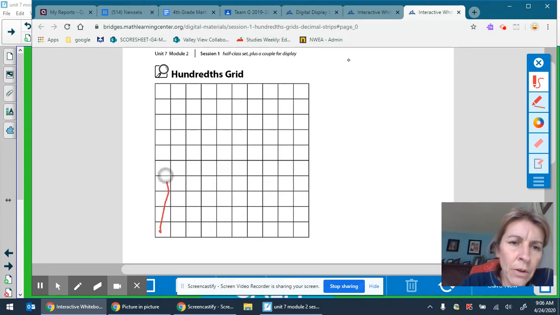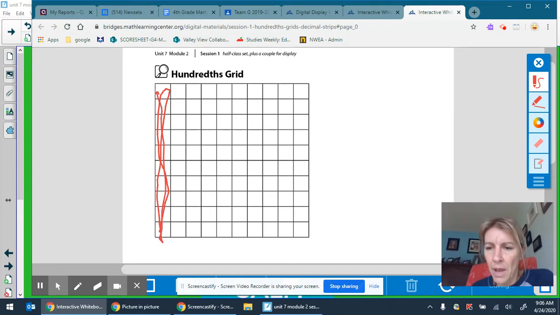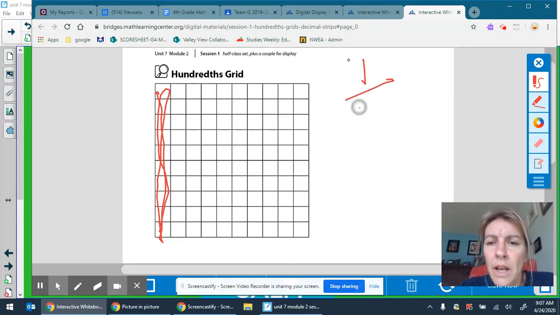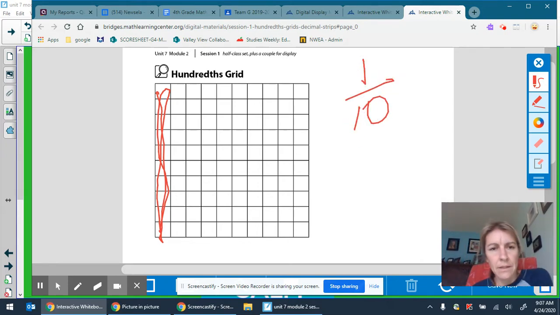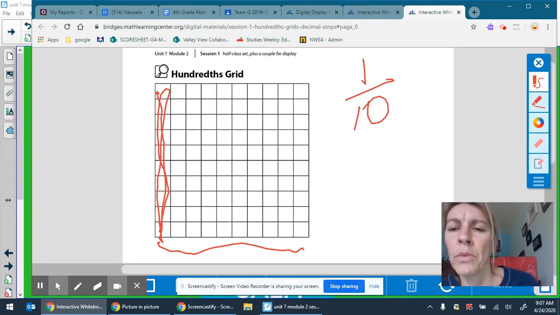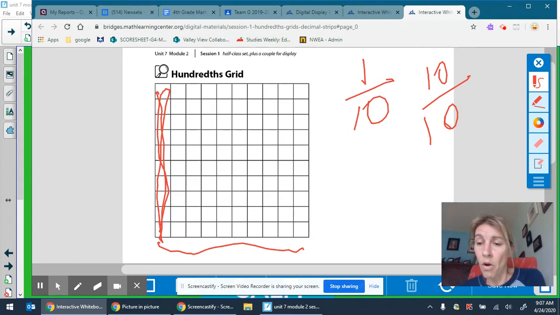If I tell you that you have one strip out of this, you know that's one. As a fraction, it's 1 out of 10, because it takes 10 strips to make one whole. 10 out of 10 would be $1, obviously, or one whole.